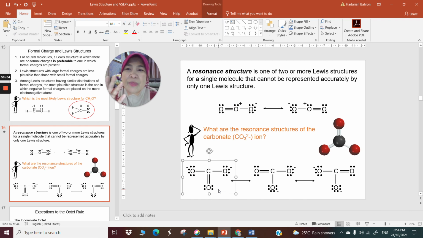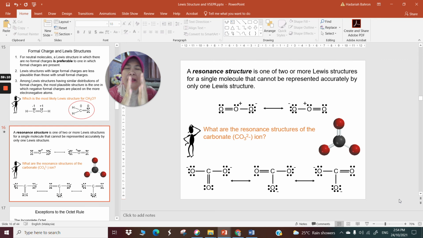All three will be longer than a double bond, but shorter than a single bond. So the resonance structure will make these three structures have the same bond. So it's neither to the bottom, neither to the right, neither to the left. All three will be the same.